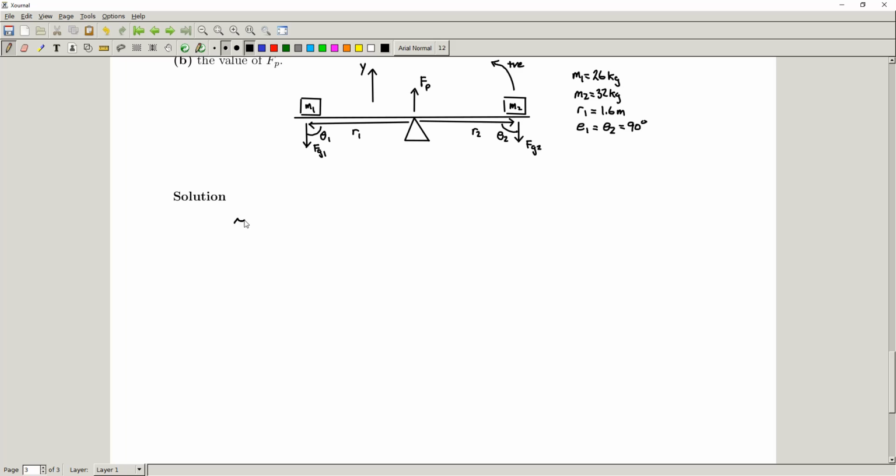That tells us that our net torque needs to be equal to 0, right? Since this is our first time working with it, I'll label it. This is equilibrium condition 2. So we know that the net torque needs to be 0 on the system.